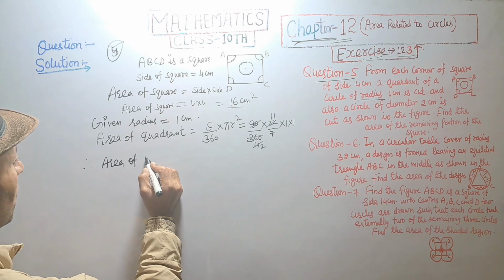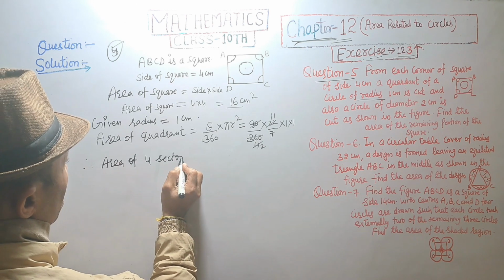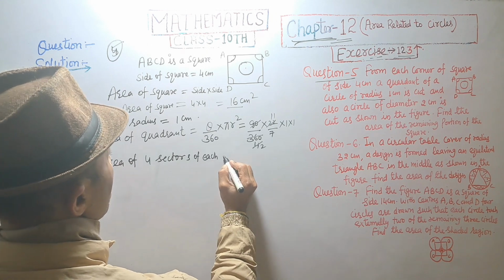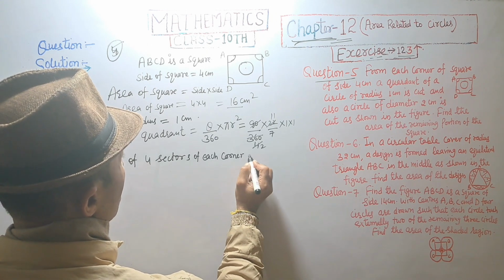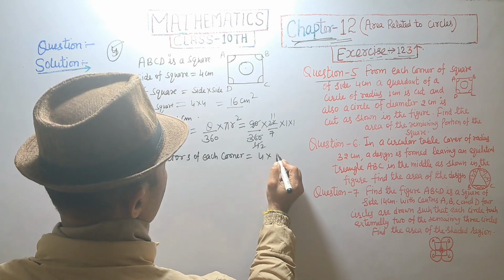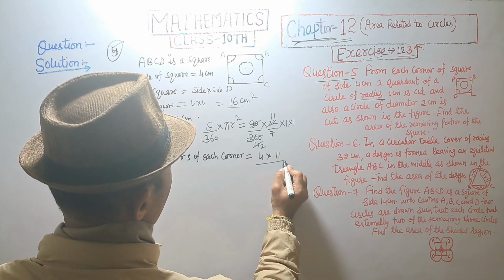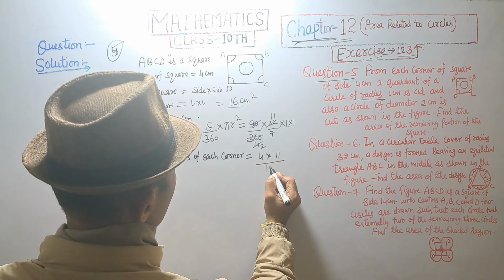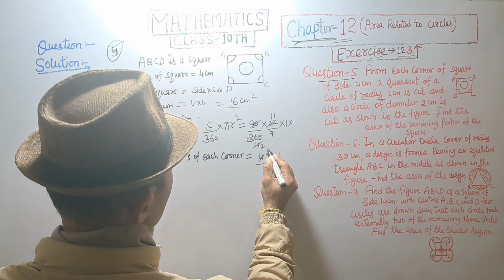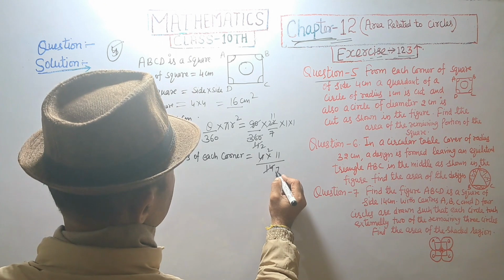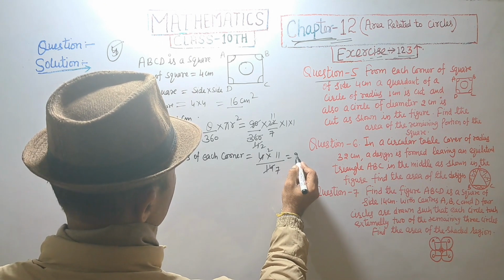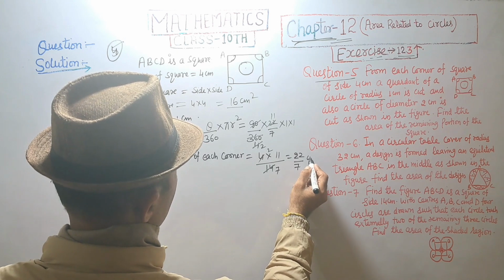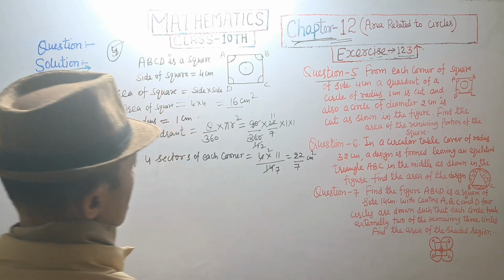Area of 4 sectors of each corner is equal to 4 into 11 divided by 14. 2 2s are 4, 2 7s are 14, that is 22 upon 7 centimeter square.